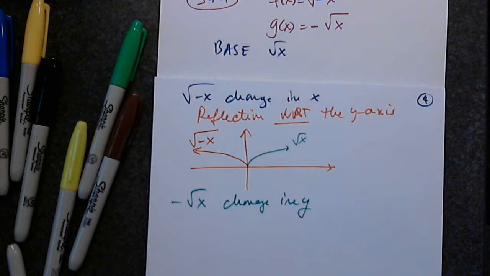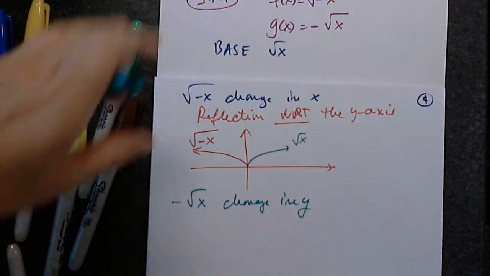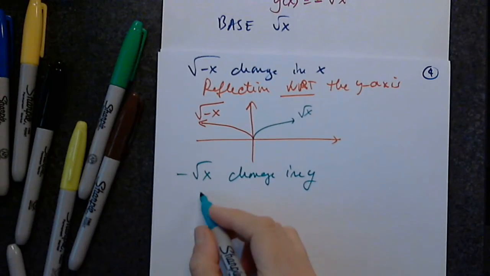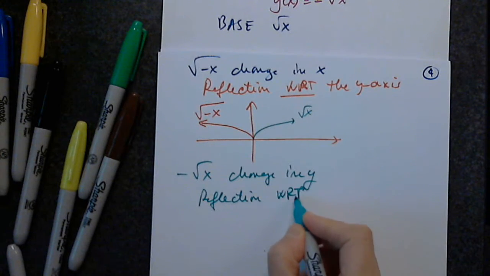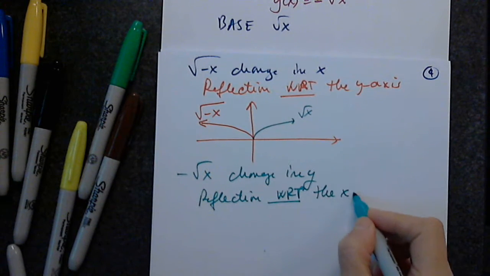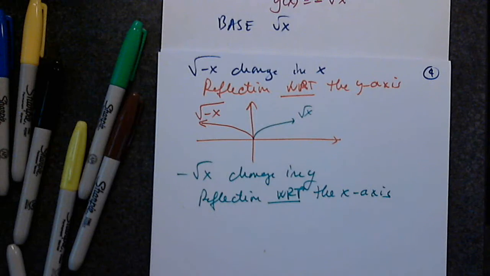What type? So here's y, and I'm multiplying it by -1. Where am I going? Down. So this is a reflection with respect to, yes, WRT, the x-axis. Let's graph that function together.